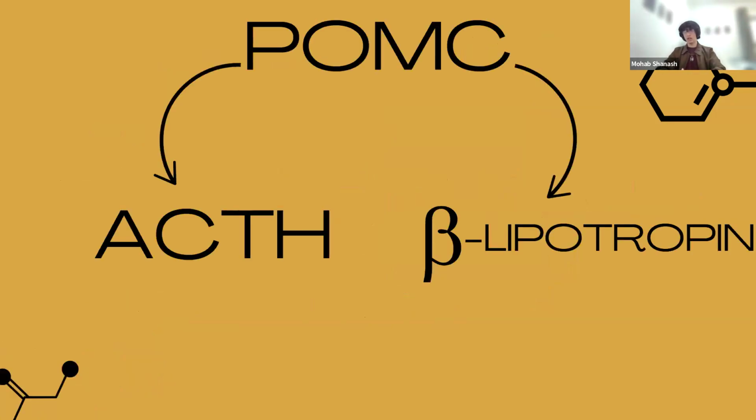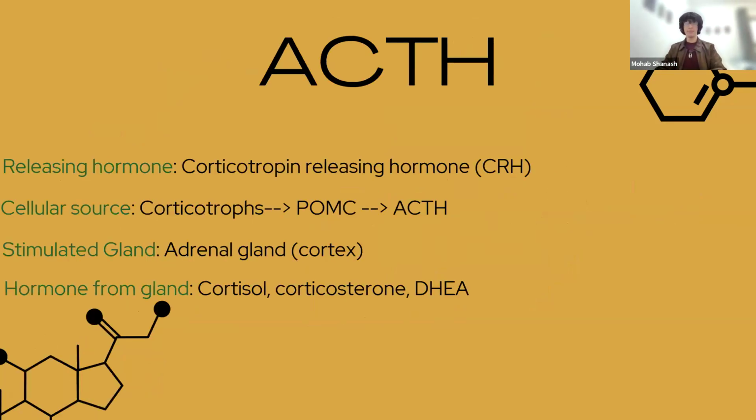Now, unlike thyroid stimulating hormone, instead of two subunits combining, ACTH is actually a product of one thing, a preprohormone, getting separated. So POMC, or proopiomelanocortin, divides into adrenocorticotropic hormone and beta lipotropin. Okay, how does that happen?